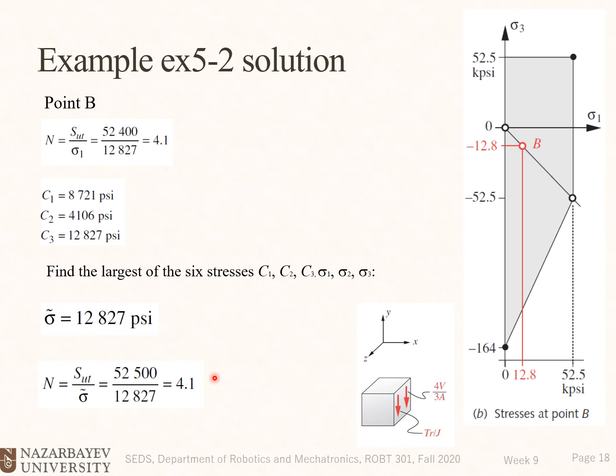Then we need to select our proper failure theory and calculate the safety factor. And it's a very good practice also to plot the safety region and load line and see where the intersection happens, and see if our calculation matches with our figure.